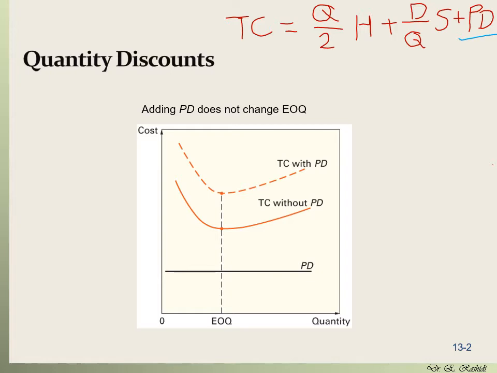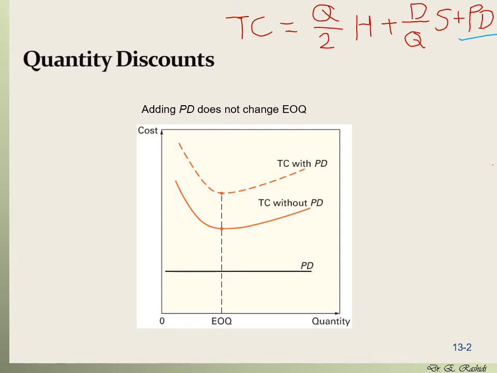The purchase component would be a line like this. It would be constant, the price would be constant. So if we add this component to our first model, every point would equally shift upward. We would get this model, and as you see here, the shape is the same, it just has shifted upward.